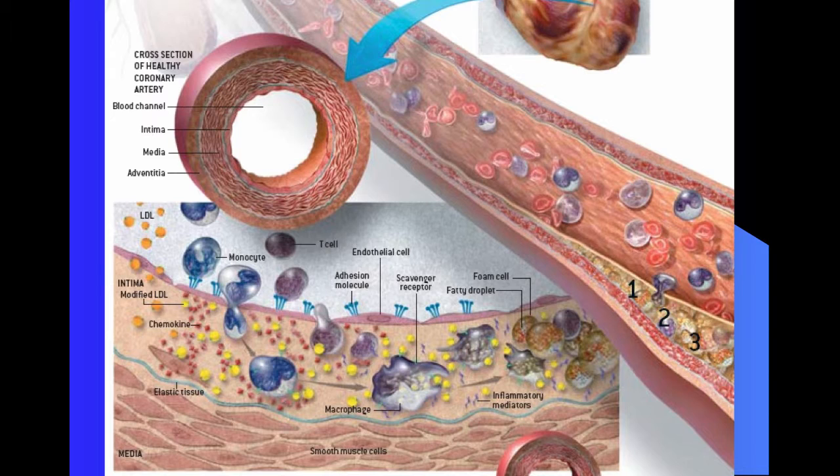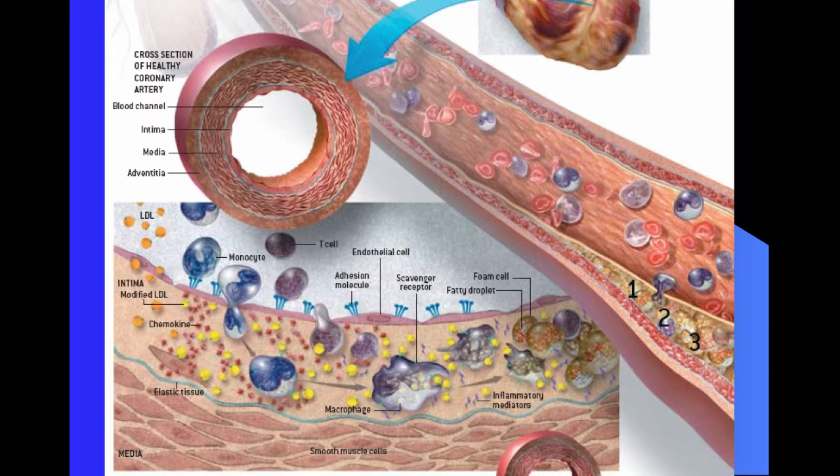One of the other things that makes LDL more likely to be taken up by macrophages is modification. So macrophages tend to target modified LDL. And there's two main types of modifications. One is oxidized LDL. And a common source of oxidizing LDL is from cigarette smoke.